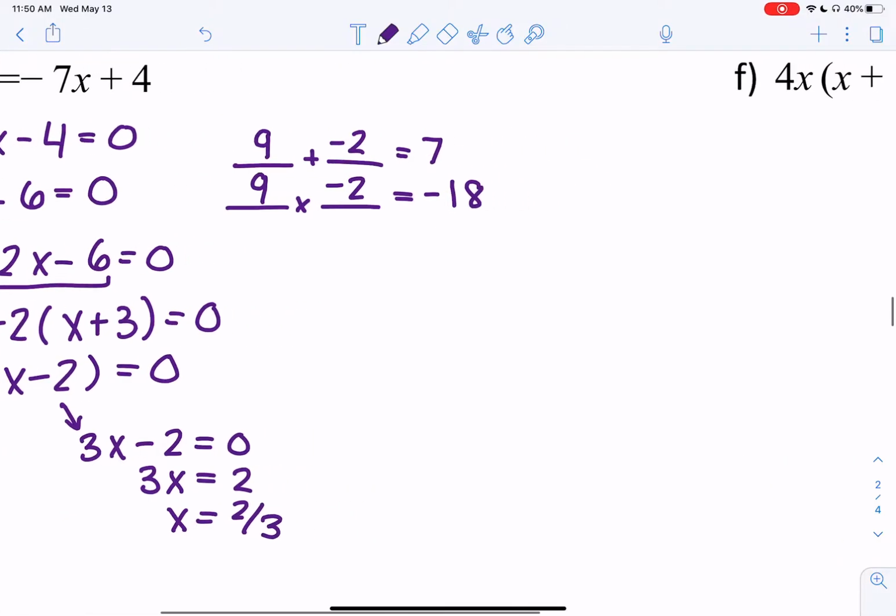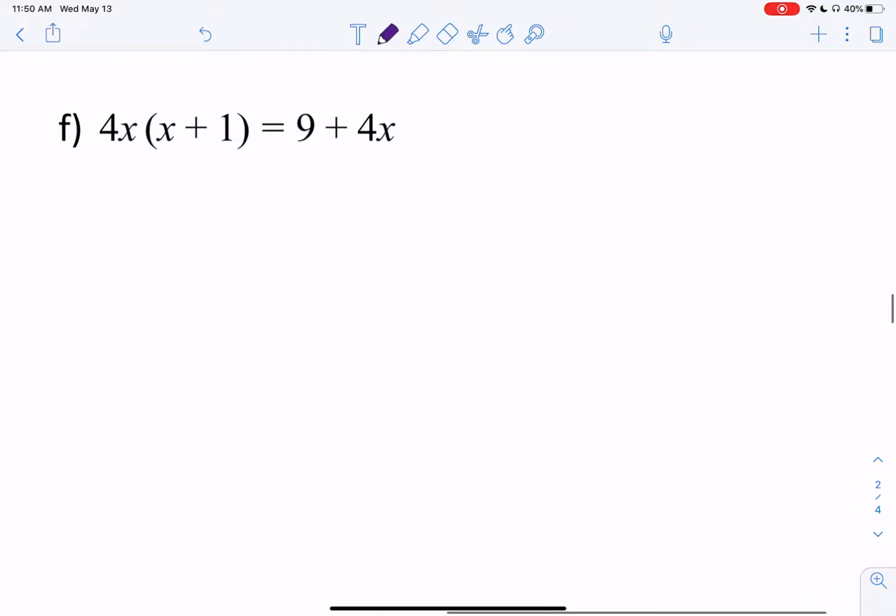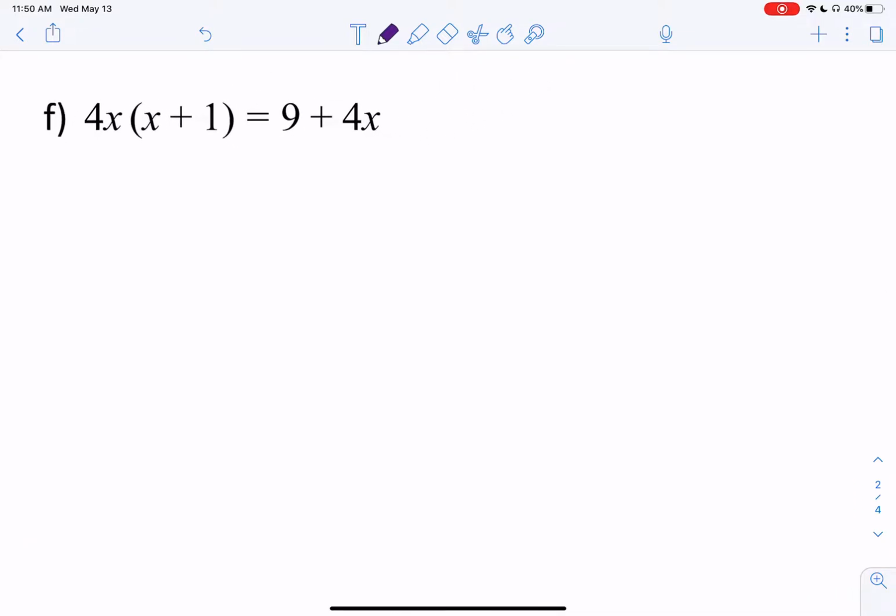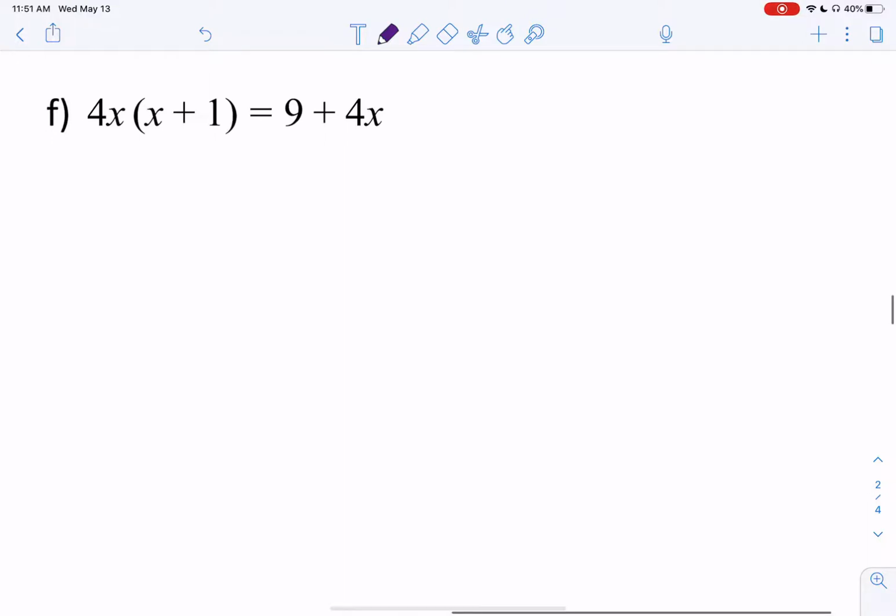Okay, one last example. For this one here, we have 4x all multiplied by x plus 1, and that is equal to 9 plus 4x. The first thing we want to do is multiply anything out that we can, so let's multiply in this 4x.